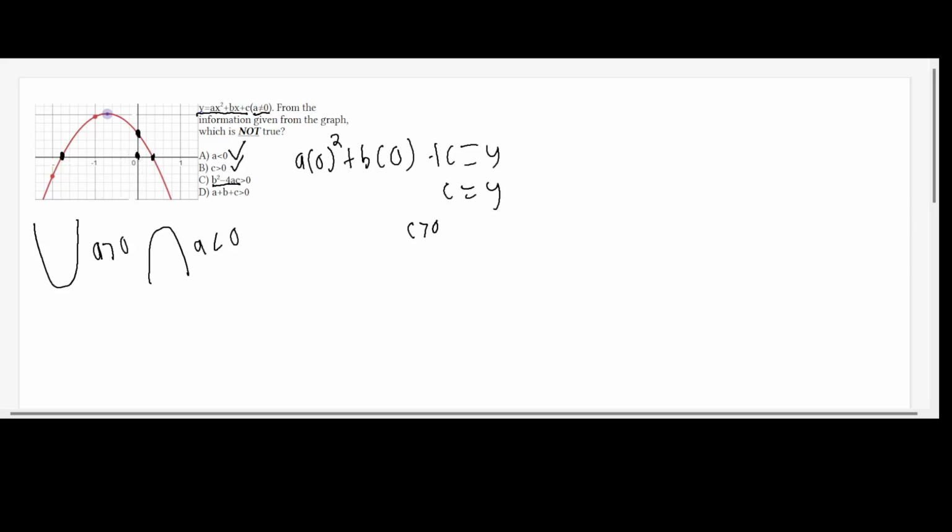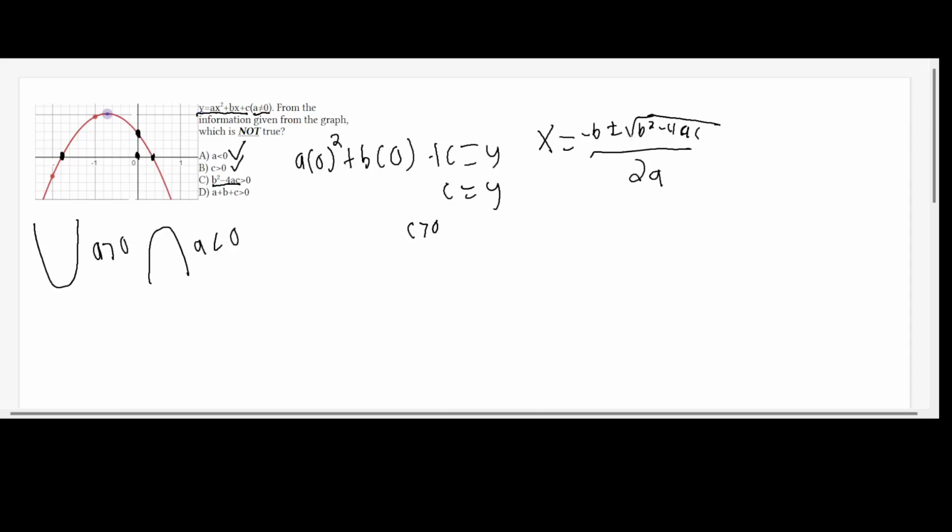It doesn't even need to be twice. It can be once, but it makes contact with the x-axis. So we know that is true. However, if you want to see it, remember the quadratic formula: x is equal to negative b plus or minus the square root of b squared minus 4ac, all over 2a.